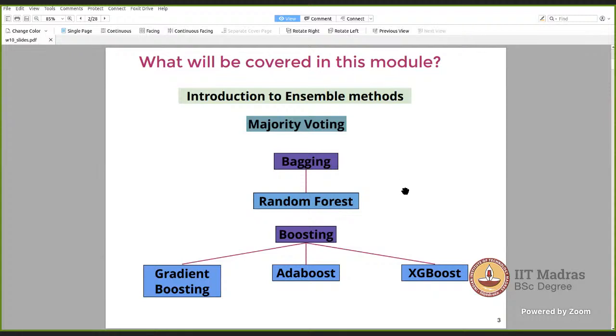In particular, bagging and boosting are the two different kinds of ensemble techniques. And there are different variants under bagging and boosting. What we have covered in this week are random forest under bagging and gradient boosting and AdaBoost under boosting. There might be a couple of more techniques, but this is what we are focusing on, and this is what we will be discussing today.